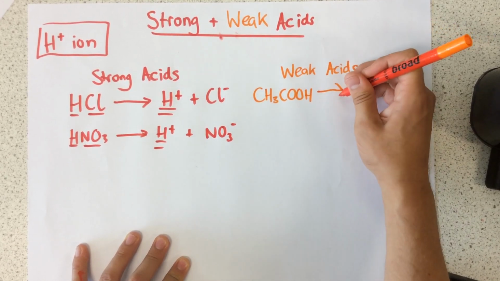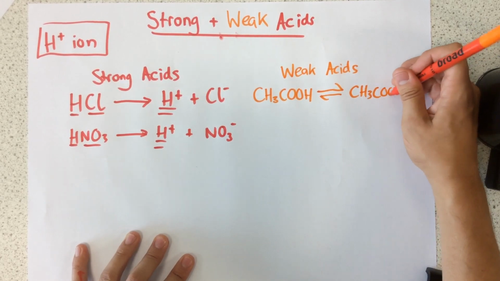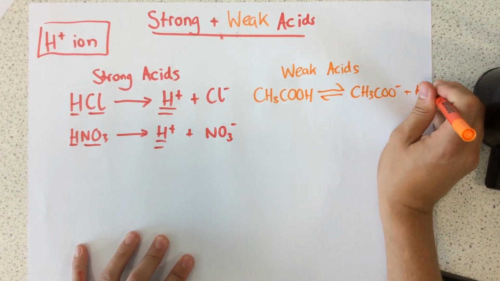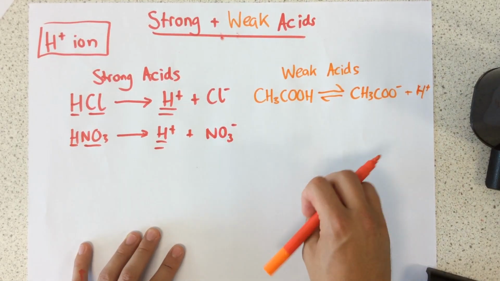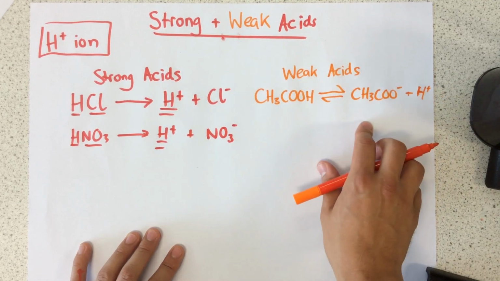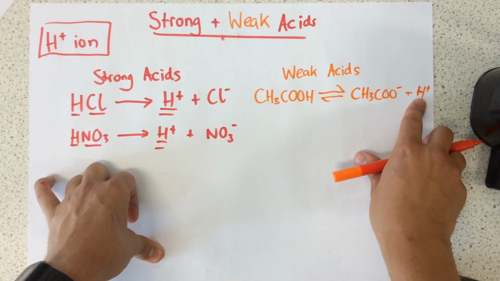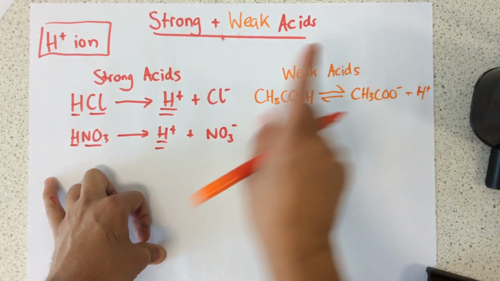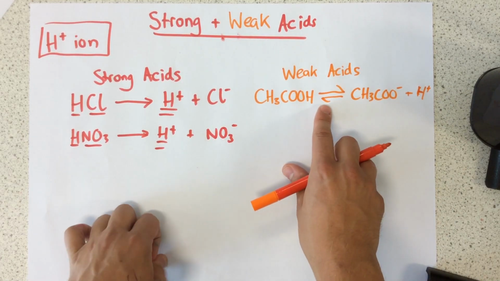So you'll notice the big difference is, again, we have a hydrogen ion being formed, but this here is a reversible reaction, which means it doesn't fully dissociate, meaning that we'll have fewer hydrogen ions as a result, because the reaction can go this way or this way because we have an equilibrium.